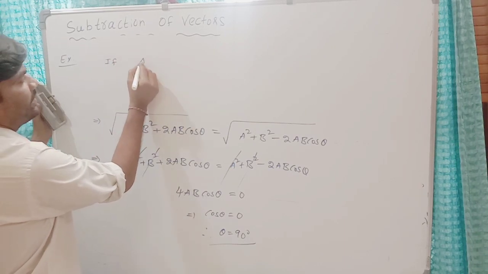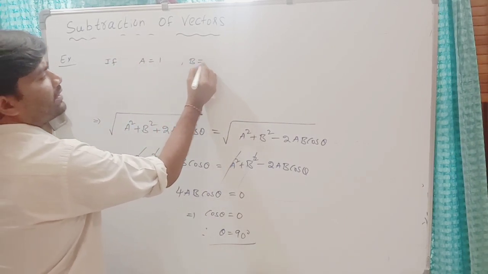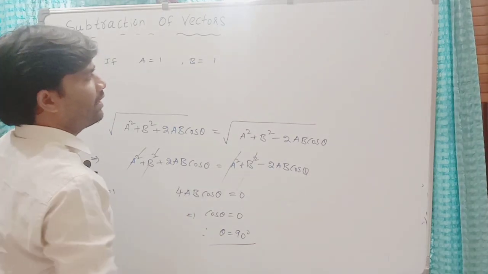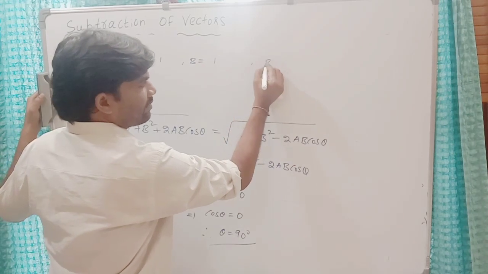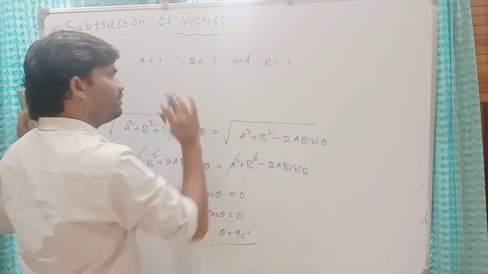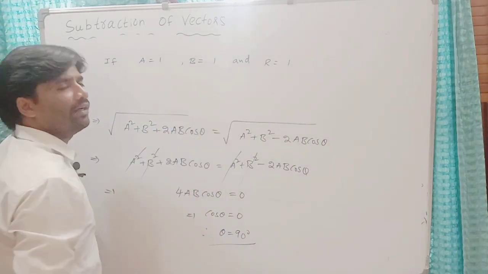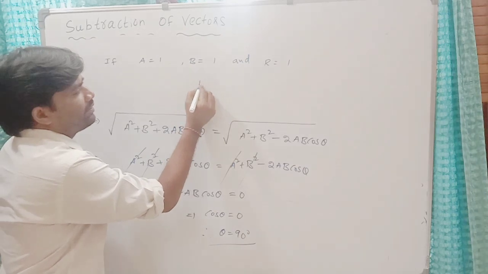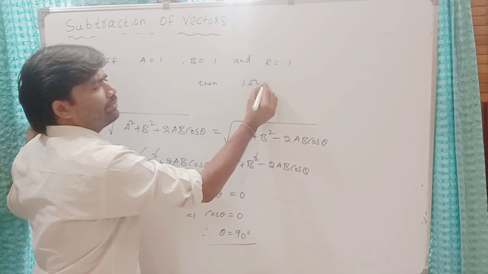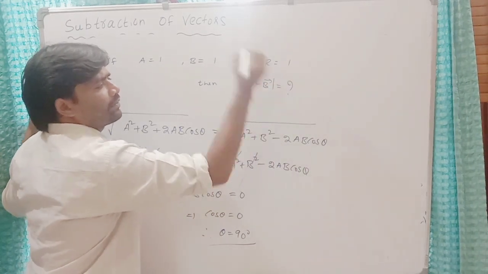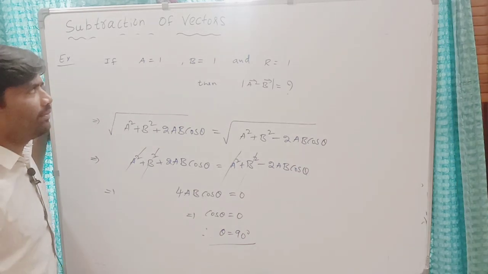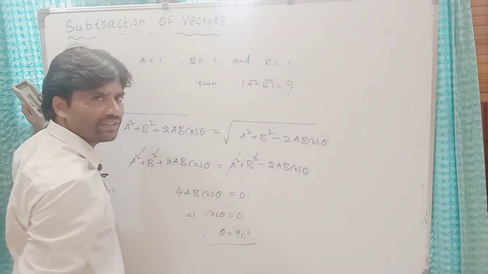If A is a unit vector, B is also a unit vector, and their resultant, for a certain angle, is also a unit vector, then find the magnitude of the difference of these two vectors, A minus B. But you should not read it as 1 minus 1 is equal to 0.